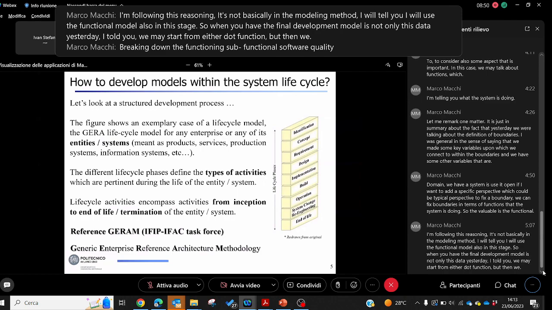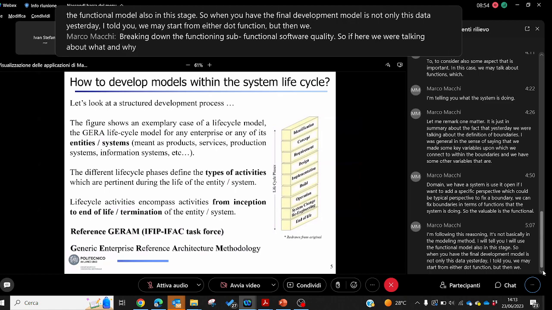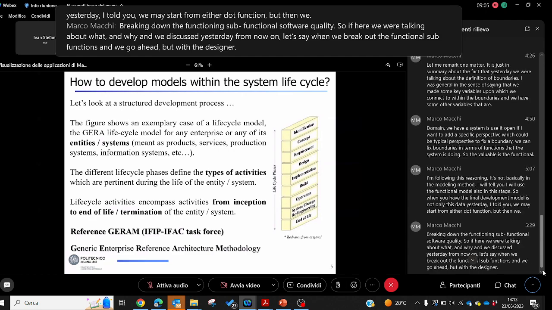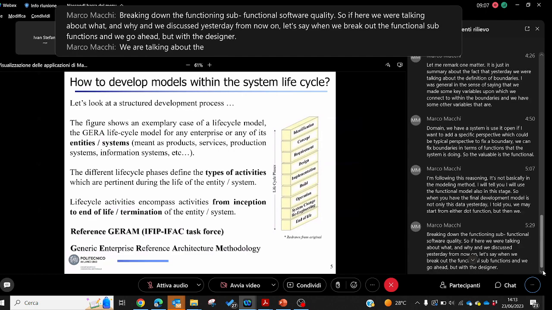So if here we were talking about what and why, as we discussed yesterday, from now on, when we break down the function into sub-functions and we go ahead with the design, we are talking about how to do it. Okay? So this is basically the interface in the reasoning we're doing.